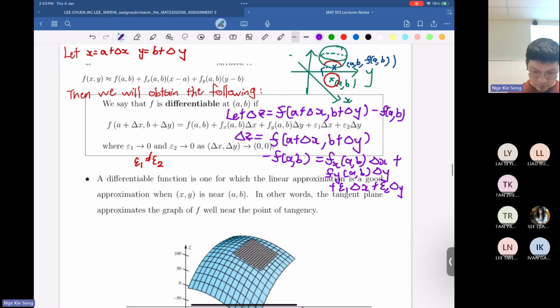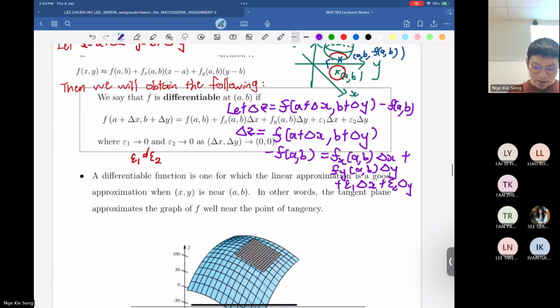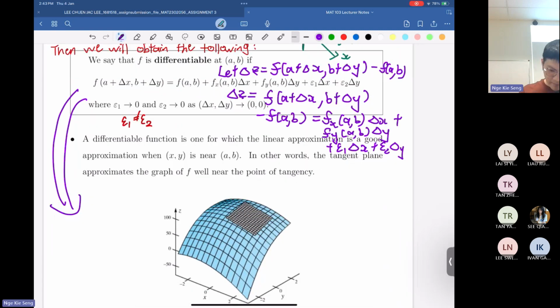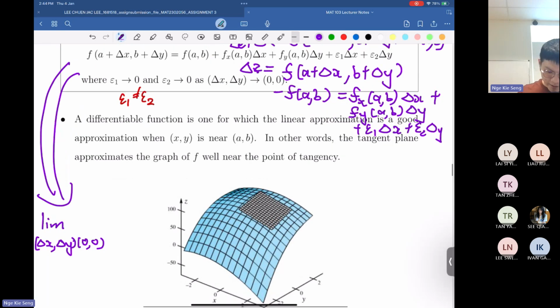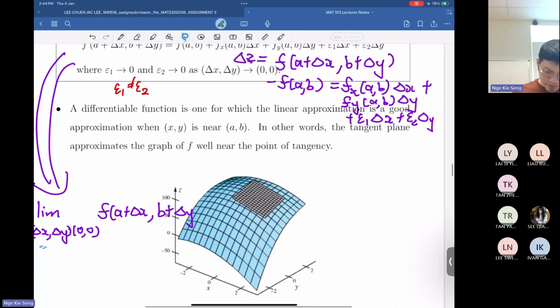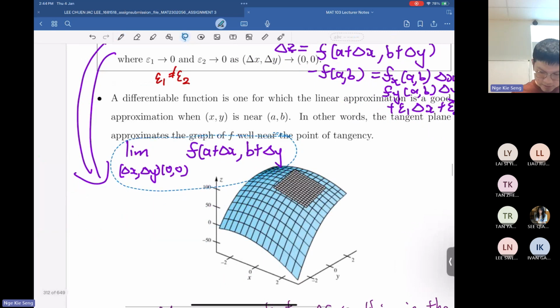So I can rewrite this definition here. If the limit as (delta x, delta y) goes to (0,0) of f(a + delta x, b + delta y), let me write down a statement and then we can discuss.